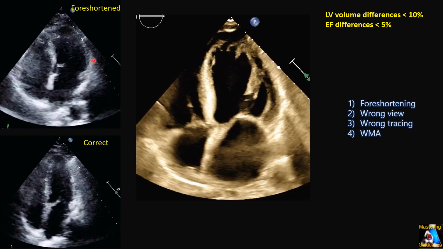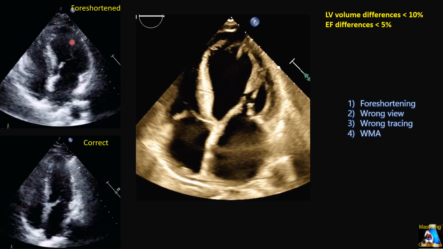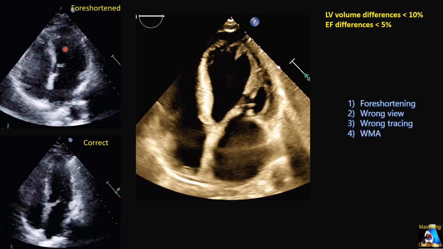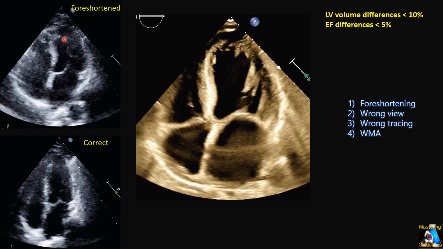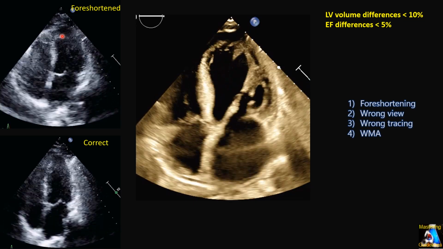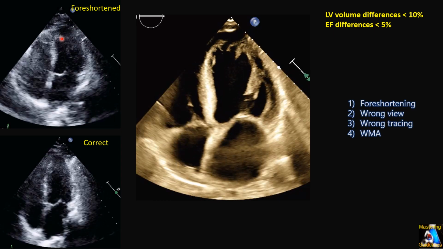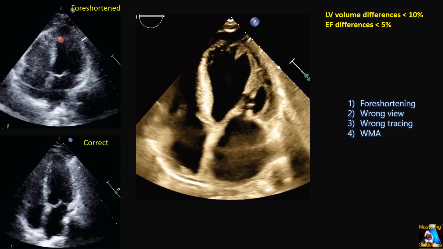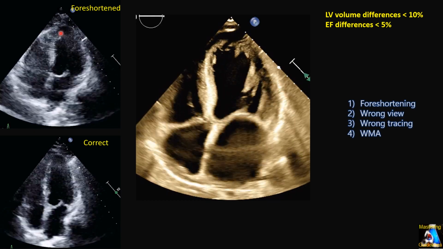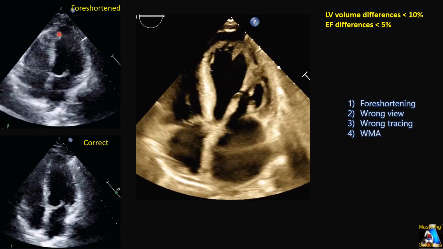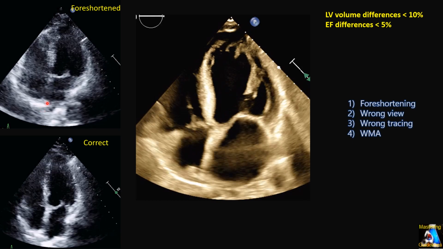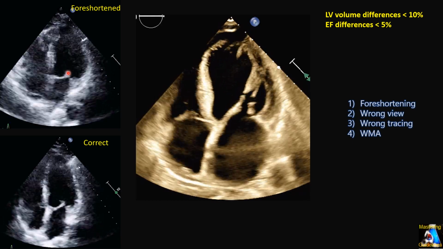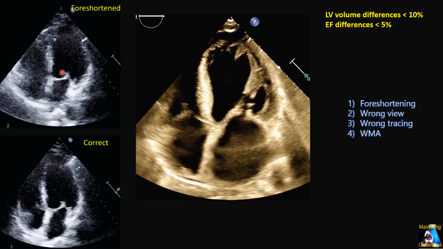In foreshortening, the ventricle is close to round and loses the bullet shape, the tip of the apex myocardium looks a little thick unless the patient has hypertrophy, and during systole the endocardium of the apex moves too much inward. The same rules apply for apical 2.